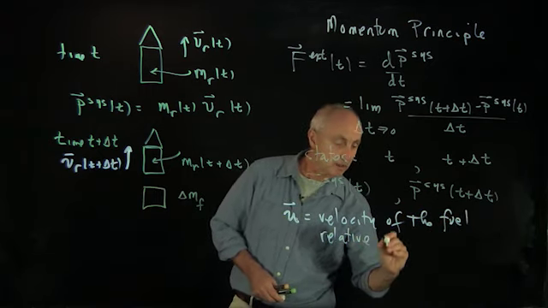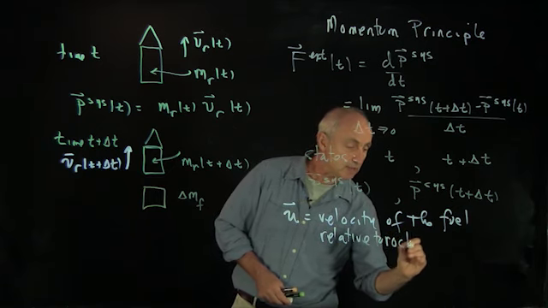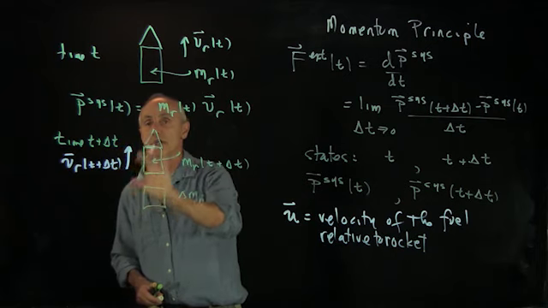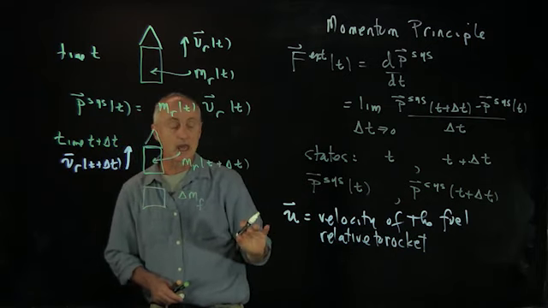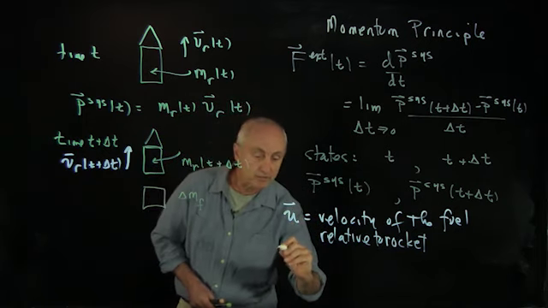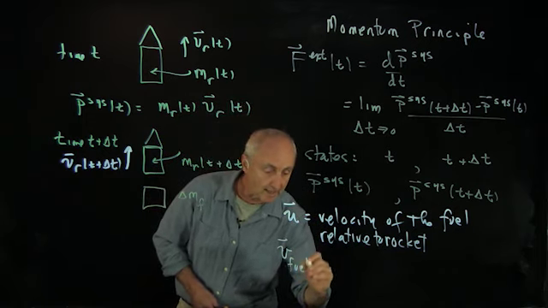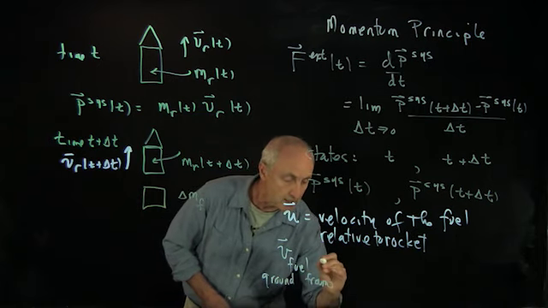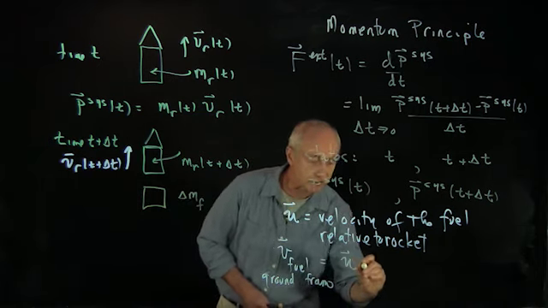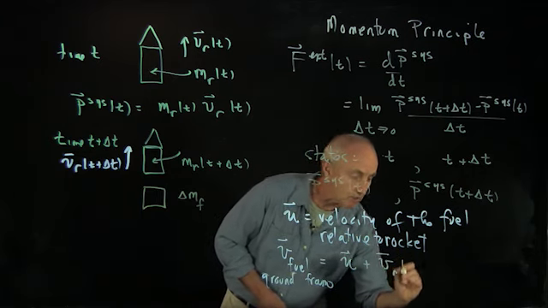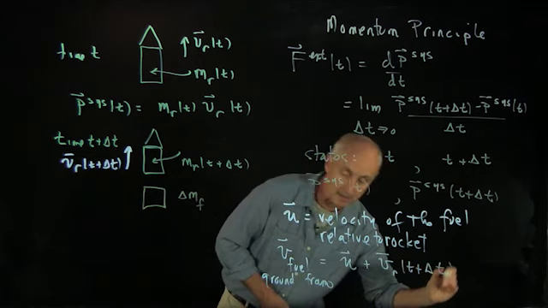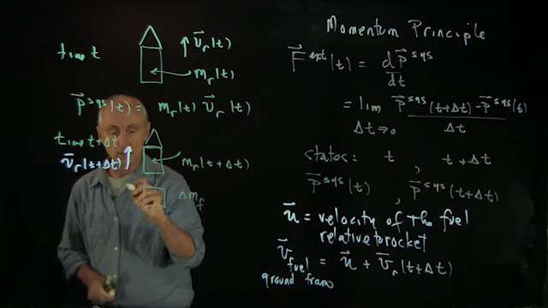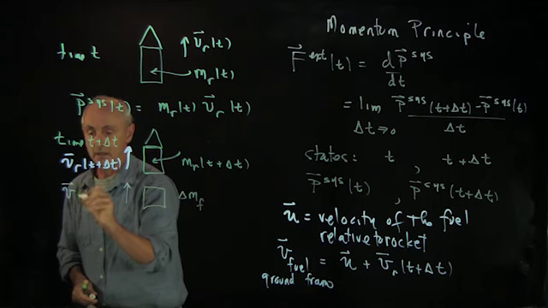But we've been choosing the ground frame as our reference frame, and the rocket is moving at a velocity at time t plus delta t with respect to that ground frame. And so recall that the velocity of the fuel in the ground frame is equal to the velocity relative to the rocket plus the velocity of the rocket with respect to the ground frame. And that's what we're going to draw on our diagram as v fuel.